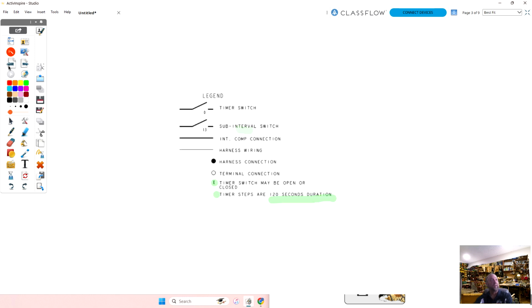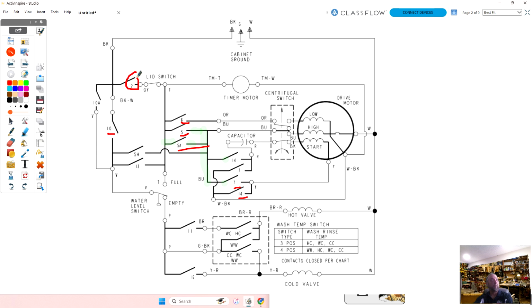So if we go back to the diagram, we've got 1, 2, 3, 4, 5, 6, 7, 8, 9, 10, 11, 12, 13, and 14. There are all those switches that you could find on that chart.